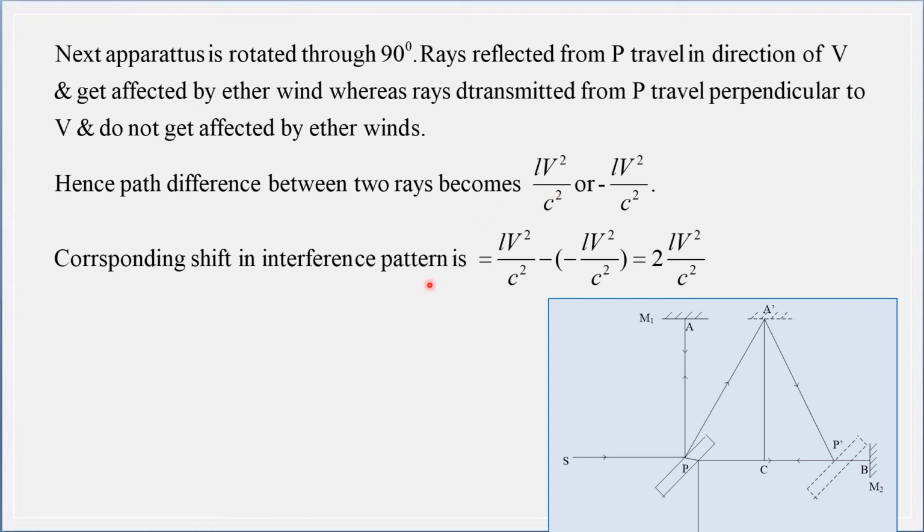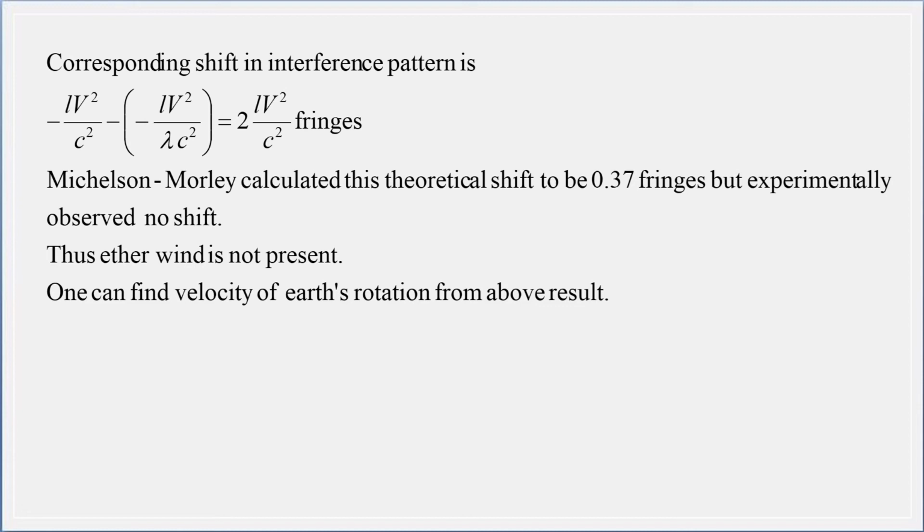So the corresponding shift in the interference pattern is the difference: L V square by C square minus minus L V square by C square, which is minus and plus, so 2 L V square by C square. So the shift in the interference pattern on rotation by 90 degrees is 2 L V square by C square fringes.